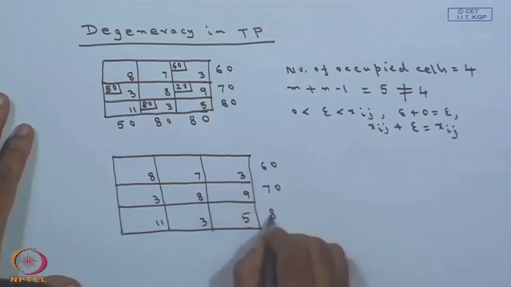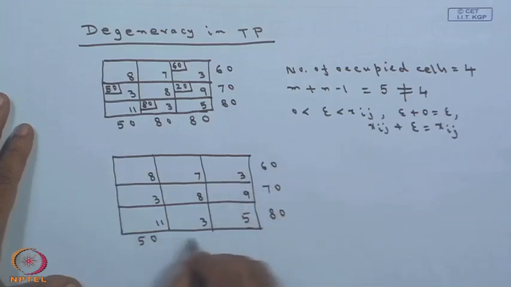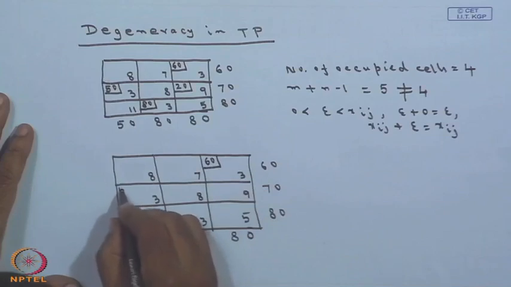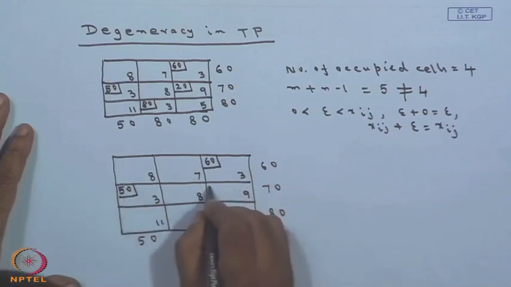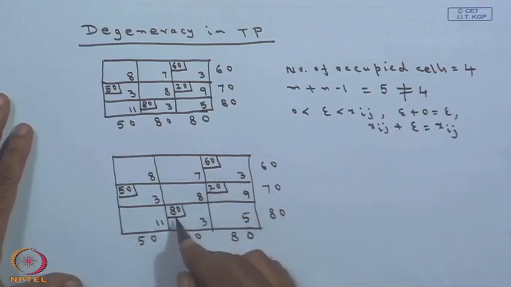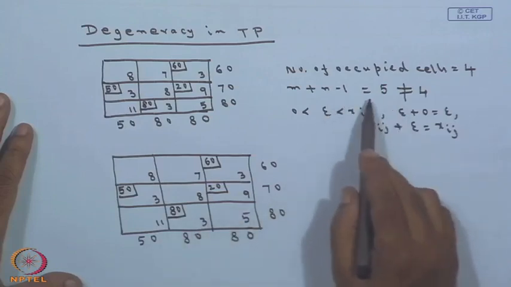The availabilities are 60, 70, 80, whereas the demands are 50, 80 and 80. Allocations from the VAM method were: 60, cell 2 1 with 50, cell 2 3 with 20, and cell 3 2 with 80. So occupied cells equal 4, which is not equal to m plus n minus 1, which is 5.